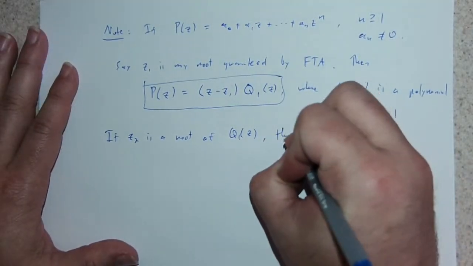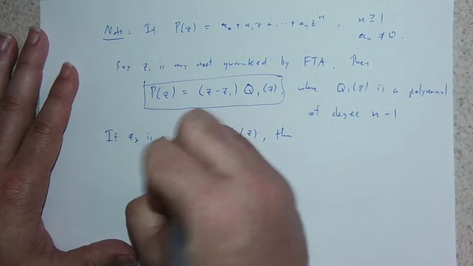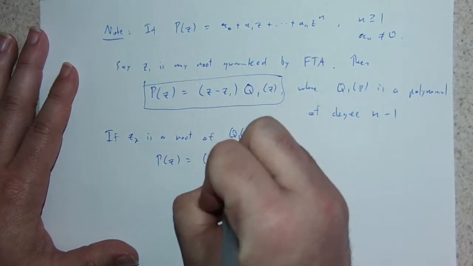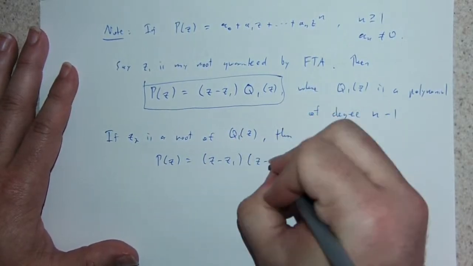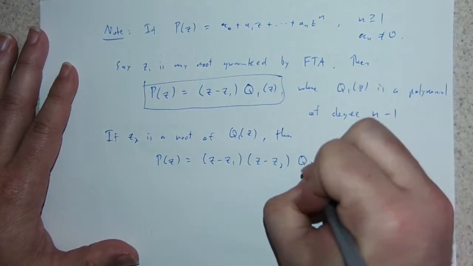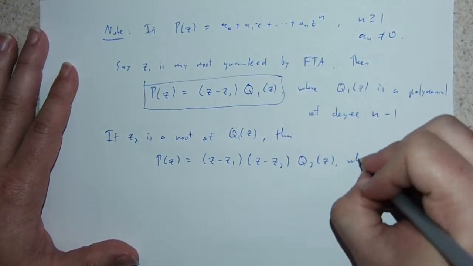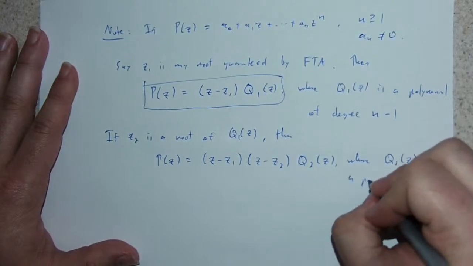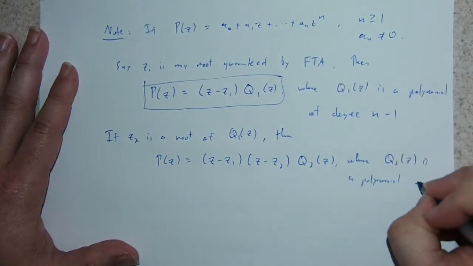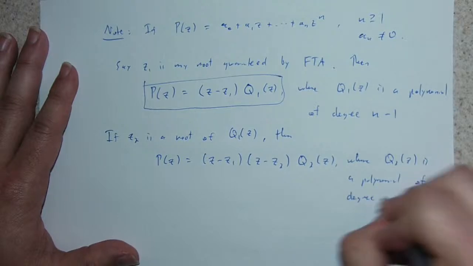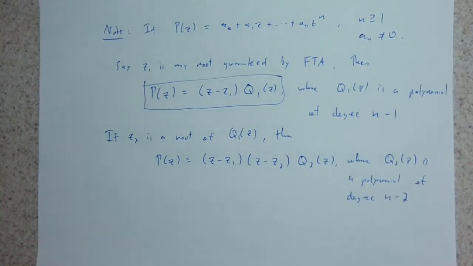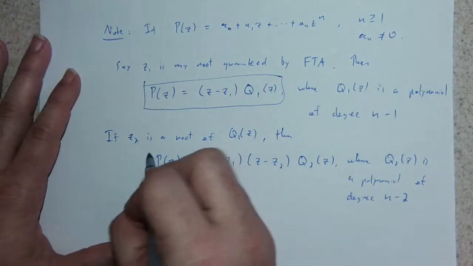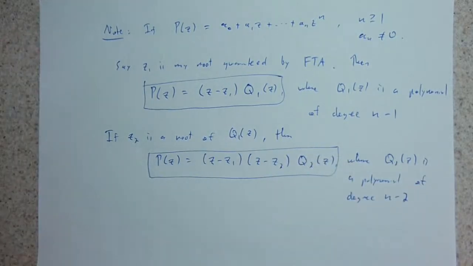Then we can rewrite this further as P of z is z minus z sub 1 times z minus z sub 2 times q sub 2 of z, where q sub 2 of z is a polynomial of degree n minus 2. We can keep this process going until this n minus k becomes 0.